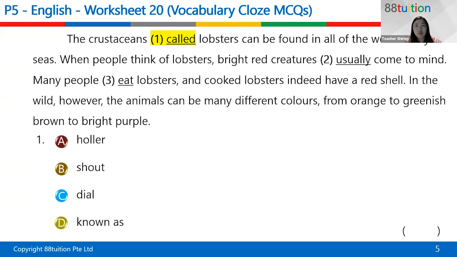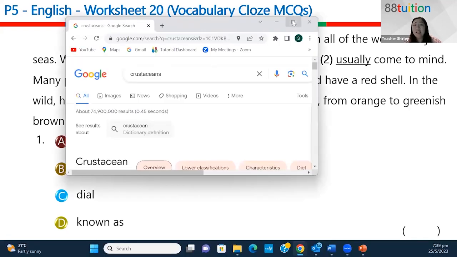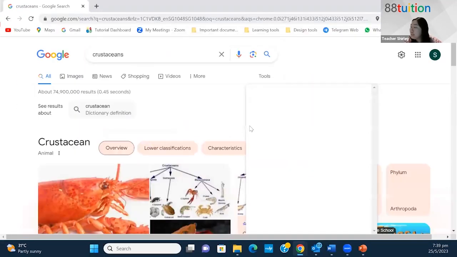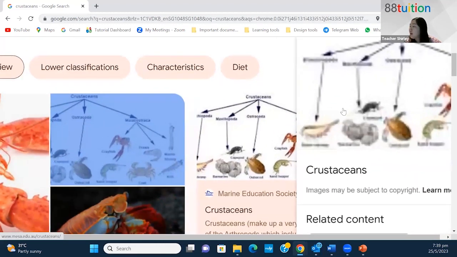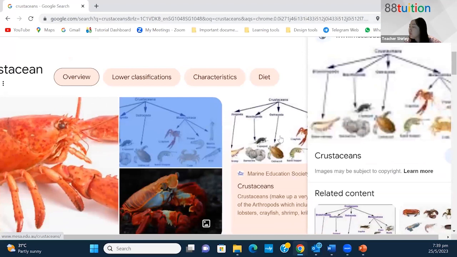Maybe I'll show you photos, I think it's easier. Examples of crustaceans are more than the common ones we know. There are some really exotic ones which we hardly see in Singapore, like one called langoustine. So crustaceans are a group of animals like, for example, this one.